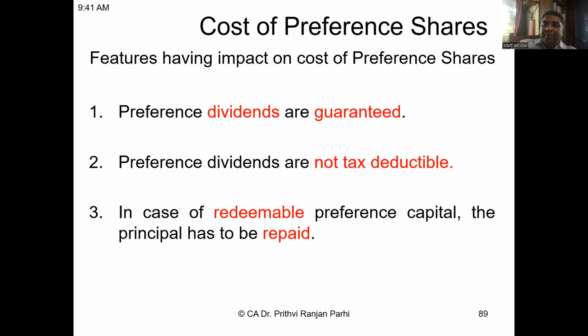And in case of redeemable preference shares, the principal also has to be paid back. That means redeemable preference shares, cash flow wise, behave just like a debt. A fixed dividend is paid, and finally the share is redeemed.